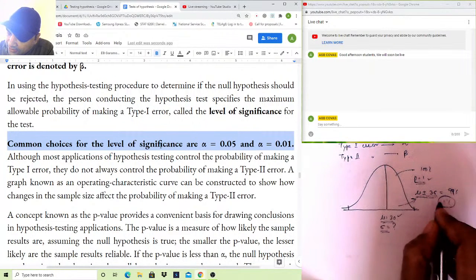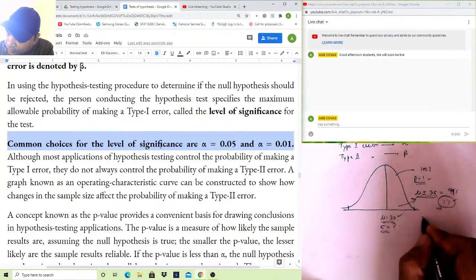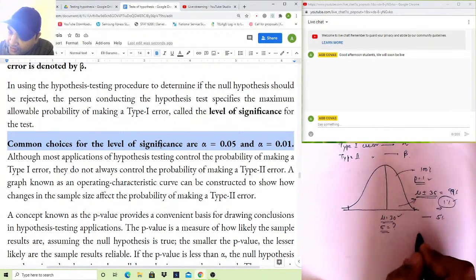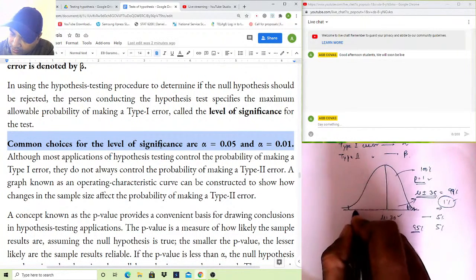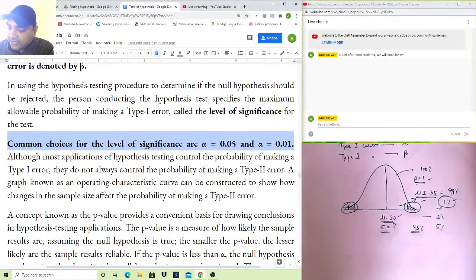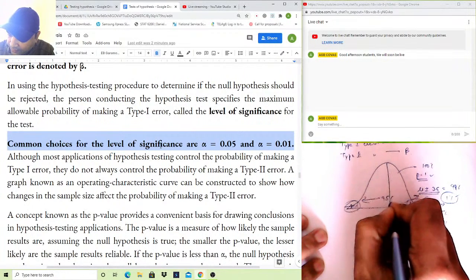So this 1% will be rejected. Okay, and sometimes we put this at the 5%, that is up to 95% we accept, and that 5%, say for example, these samples we reject.